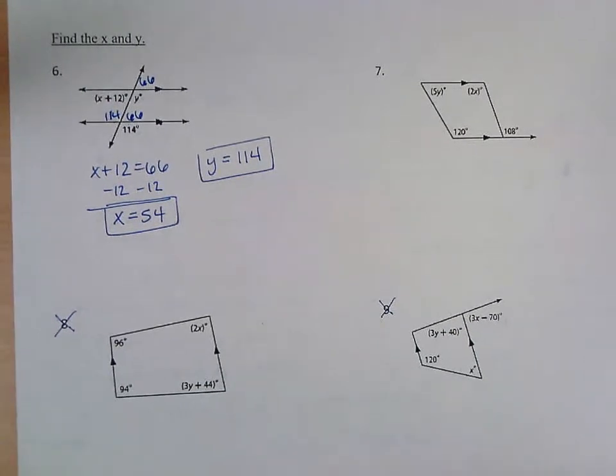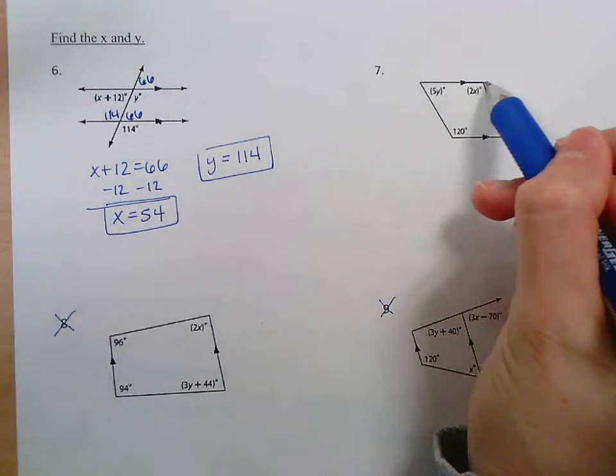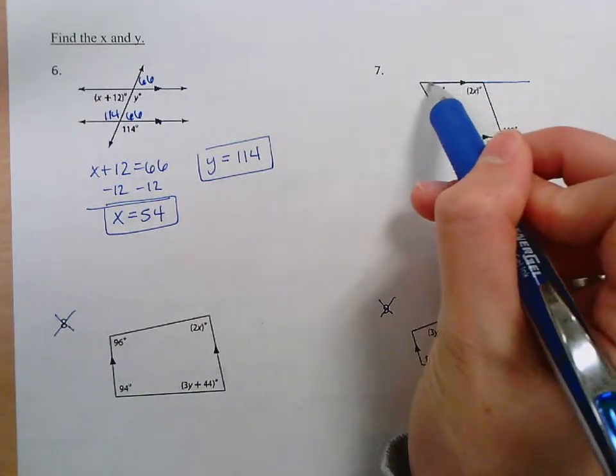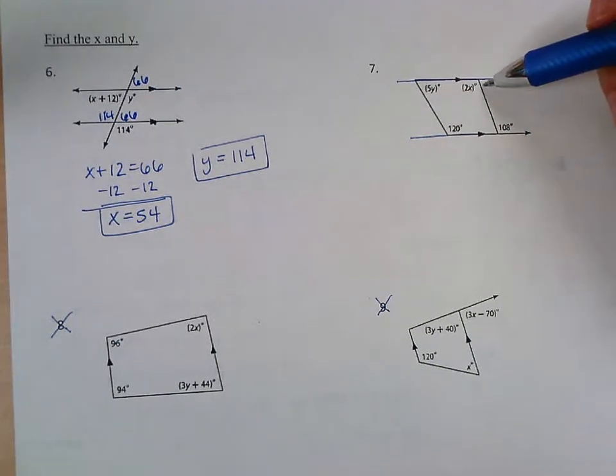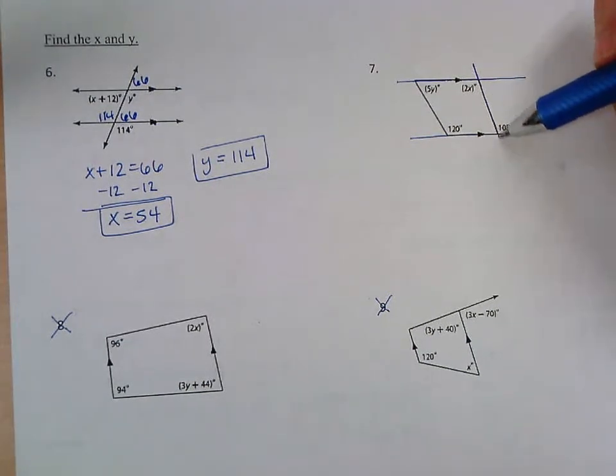All right, the picture for 7 is a little weird, but notice you do have parallel lines. We have that parallel line symbol. It might help you if you extend the picture a little bit. So if I extend these parallel lines out, and then I extend these transversals.